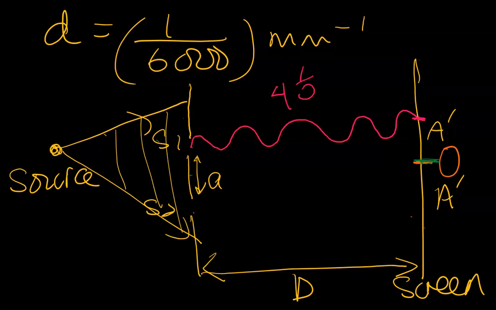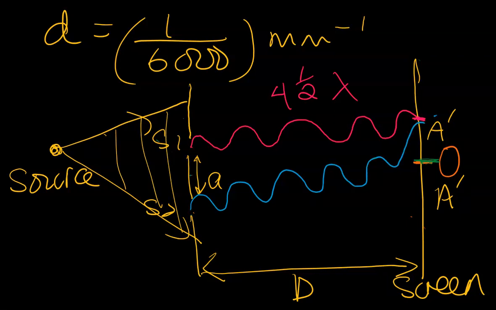So I have 4.5 wavelengths to go from S1 to A prime. Now, because S2 is further down, I would have to travel more cycles to get from S2 to A prime. So let's say I have 5. 1, 2, 3, 4, 5.